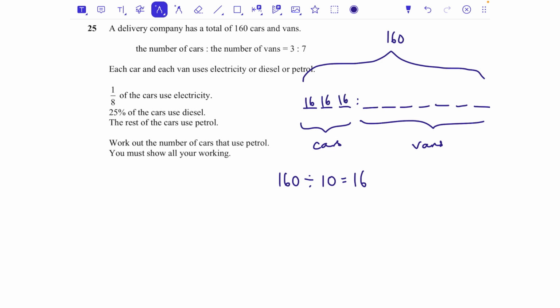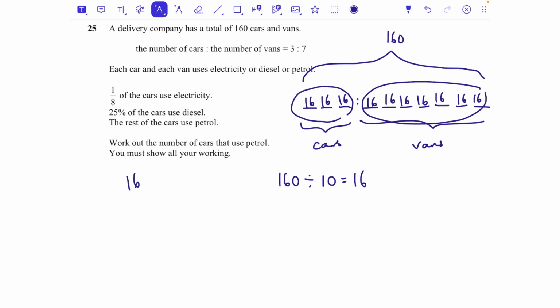So we know there are 16 cars and vans, 16 vehicles, let's say, on each of these little lines, which means that there are 3 lots of 16 to work out the number of cars, and 7 lots of 16 to work out the number of vans. So cars, 16 times 3, 3 times 6 is 18, and 3 times 1 is 3, add that 1 is 4. So there are 48 cars. And we could do 7 times 16 to get the number of vans, but I'm interested in cars here, so that's what I'm going to go with.